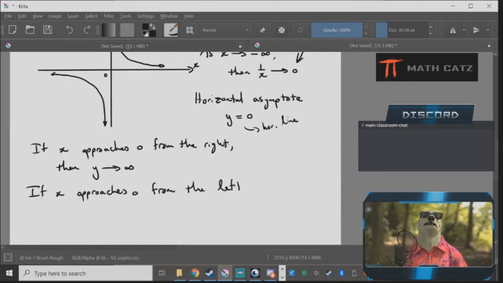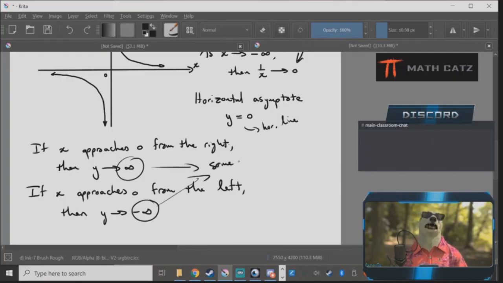So I kind of have to write a sentence to just distinguish between these two, right? The behavior of y is different. However, it's an infinity. Some infinity. I don't care if it's positive or negative. It's one of the infinities.